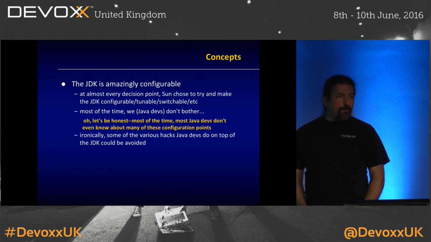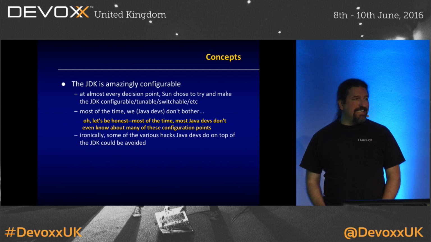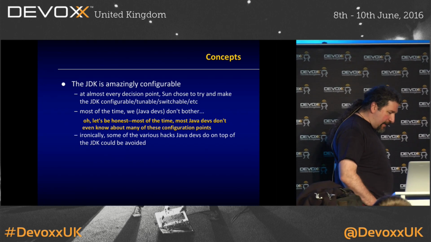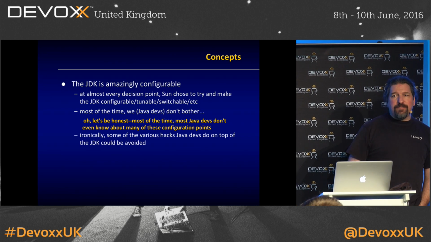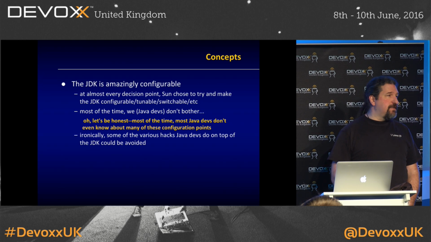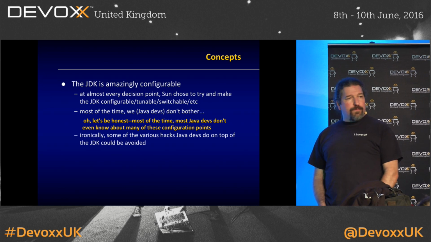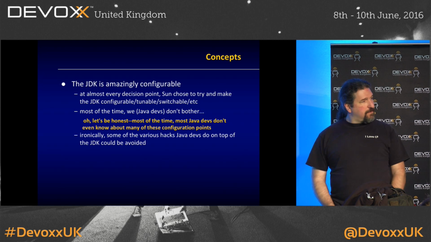I think a lot of times Java developers don't even know those configuration points exist. In many respects, Sun was more interested in highlighting the latest revision of Enterprise Java Beans than they were in really discussing how runtime security policy works inside the JDK, because one sold something and the other one didn't.